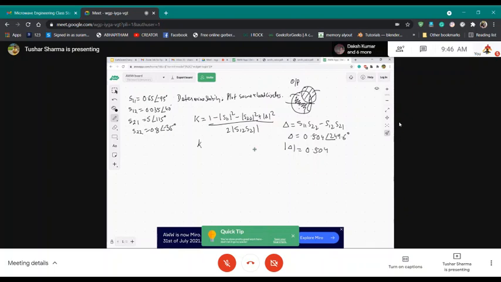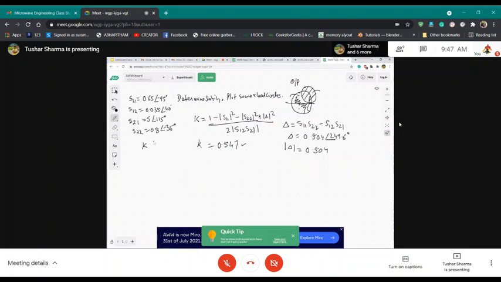Then we will calculate K using this delta here. Give me one second, let me try to calculate this. K is 0.547.